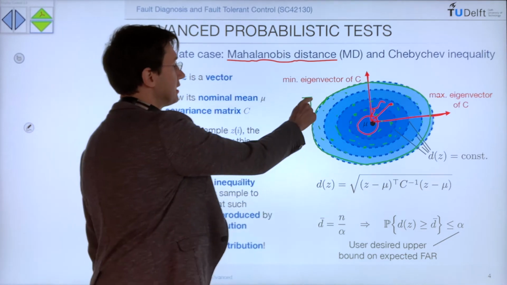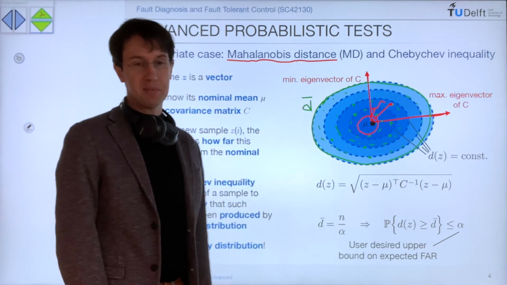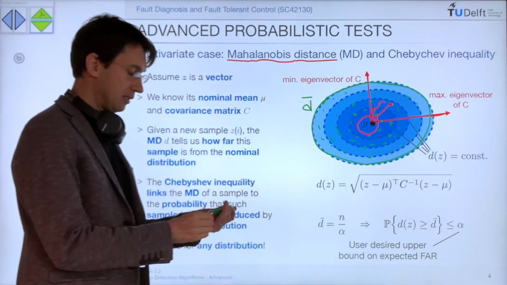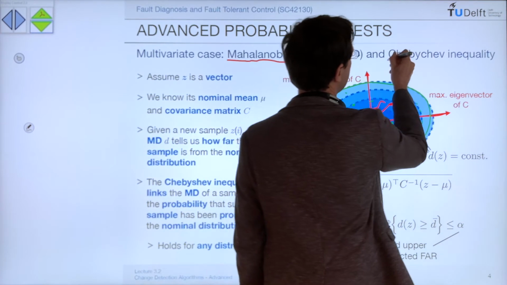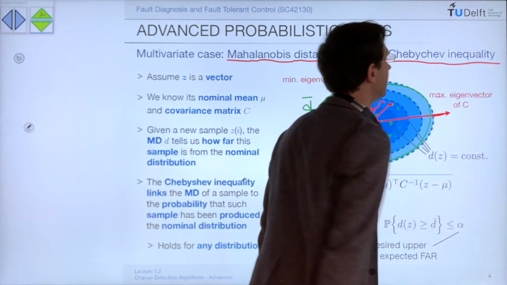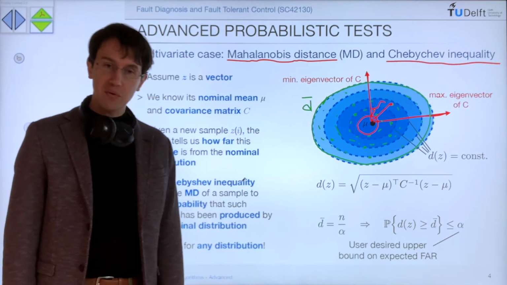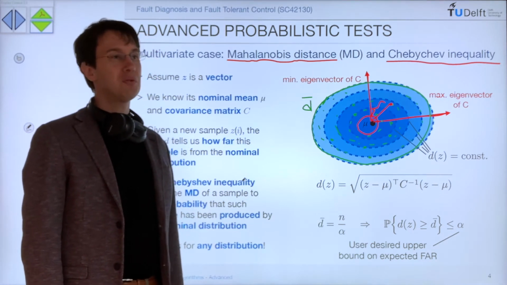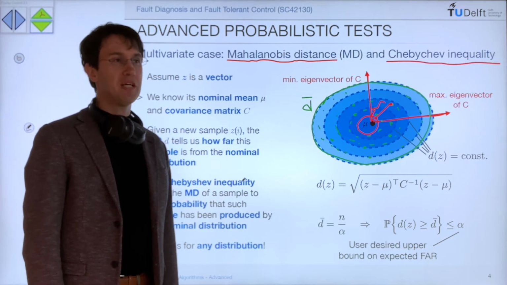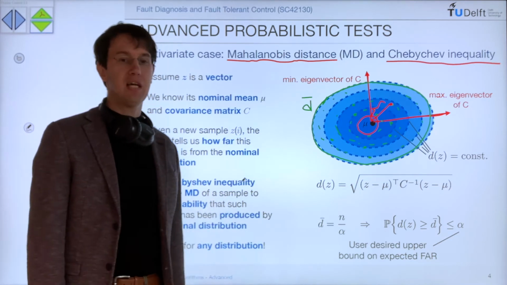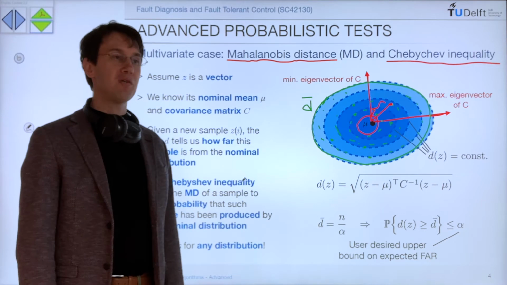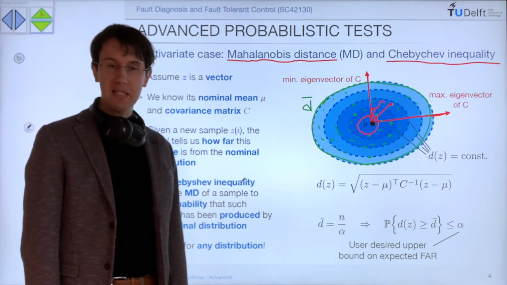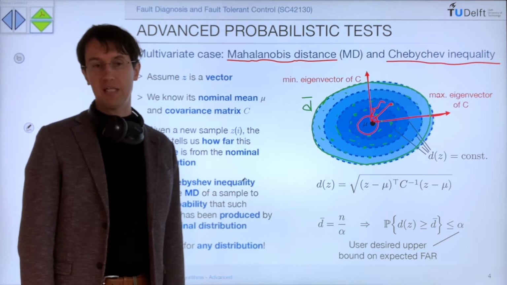So how is this D overbar determined anyway? It is determined using the Chebyshev inequality. It is an inequality for random variables that is going to tell you when you can consider that a sample of a random variable is nominal, and when not, assuming only knowledge of the mean and the covariance of that random variable.